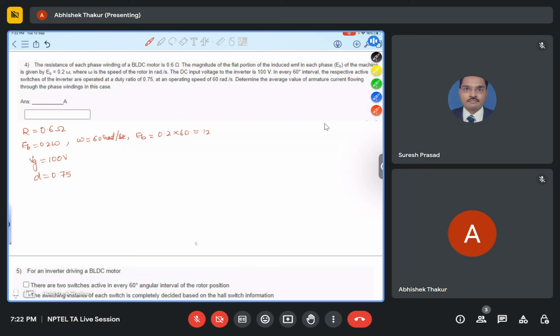Here D is given as 0.75. For the H bridge, we know that VA by VG is equal to 2D minus 1. So in this case, our armature voltage will be, VG is given 100, and 2 into 0.75 is 1.5, minus 1, it is equal to 0.5 into 100. It will become 50 volt.